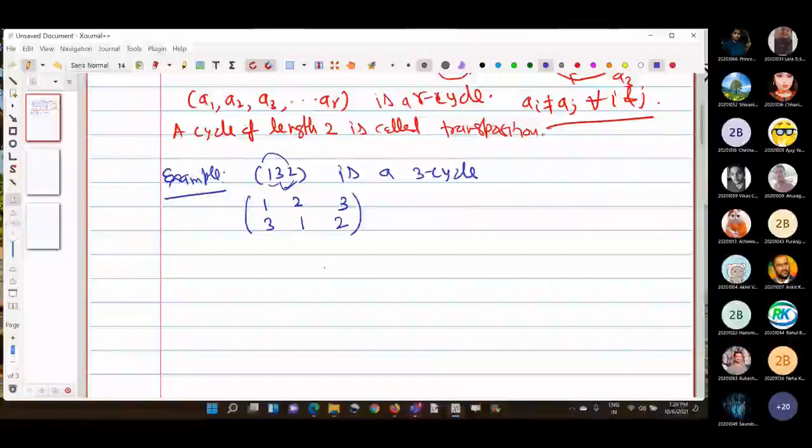In fact, in permutation, when we are writing, what are we doing? We are writing A1, A2, and so on up to AN, and then below it the same A1, A2, A3, up to AN.